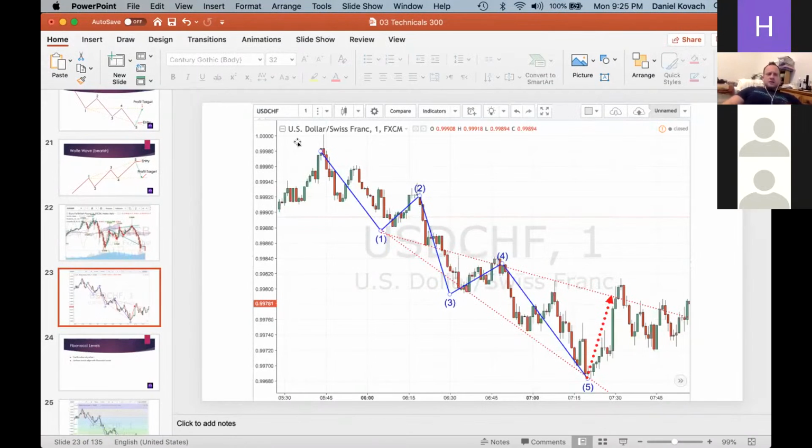This is the US dollar against the Swiss franc. So here we clearly have a bullish trade, and here I did a little bit better job with the graph, right? You see this vertex here is 1, then we go to 2, 3, 4, 5. This is actually a 1-minute chart. They're not exactly perfectly aligned to this because I think I did it on a 3-minute chart and zoomed in.